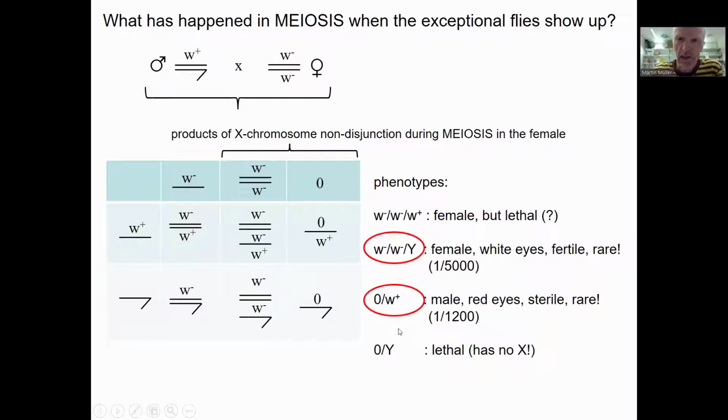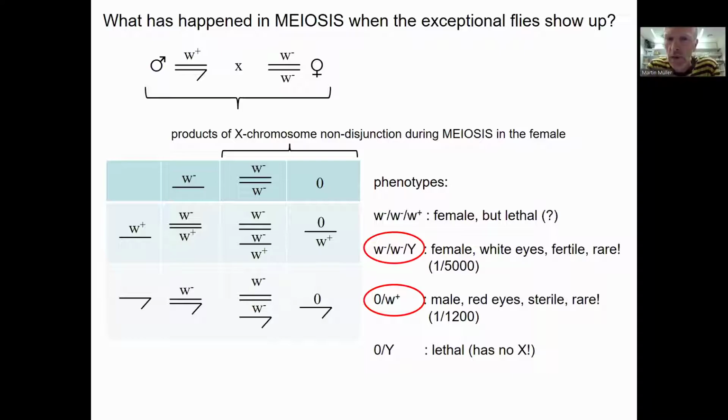You probably wonder why I tell you that these here are females and these here are males. I mean, you probably remember from your previous genetic classes that in humans, if you have a Y chromosome, then you have a good chance to end up as male. And if you don't have a Y chromosome, you have a good chance to end up as female.